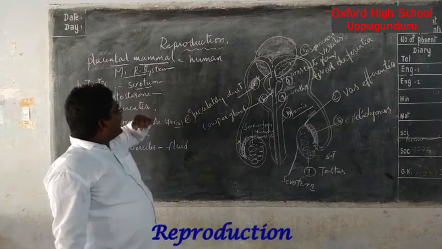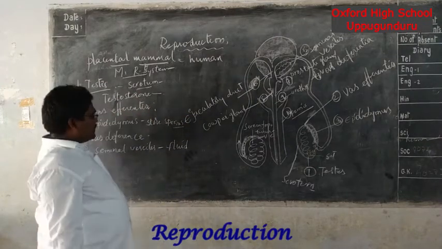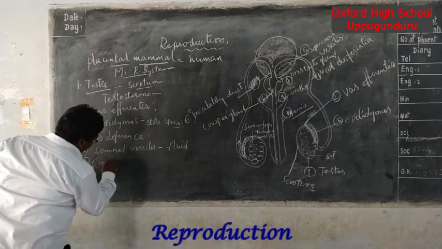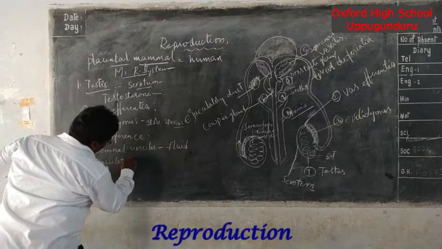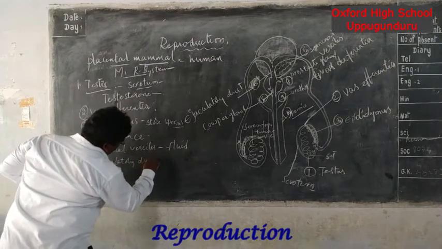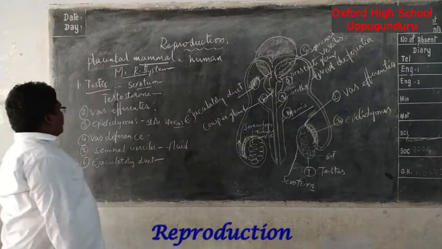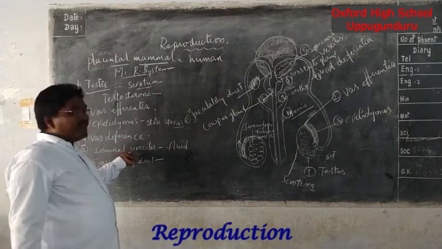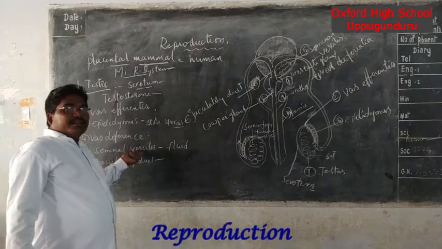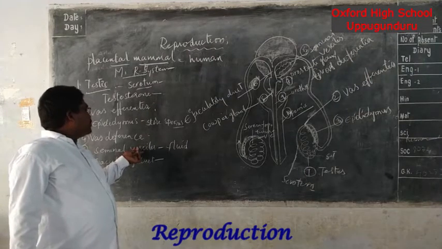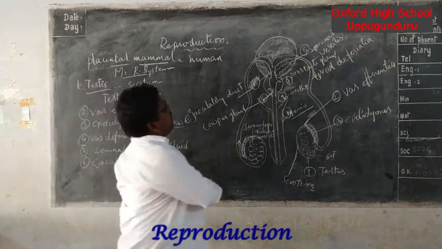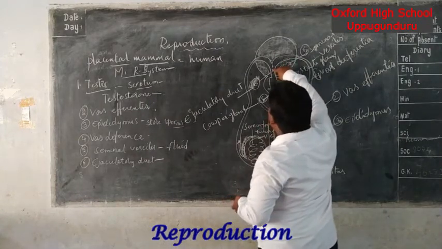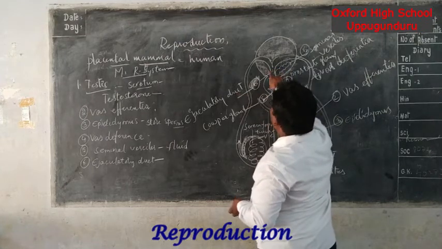And the sixth one is the ejaculatory duct. Listen carefully. A duct of the seminal vesicle joins with the vas deferens here and forms the ejaculatory duct.